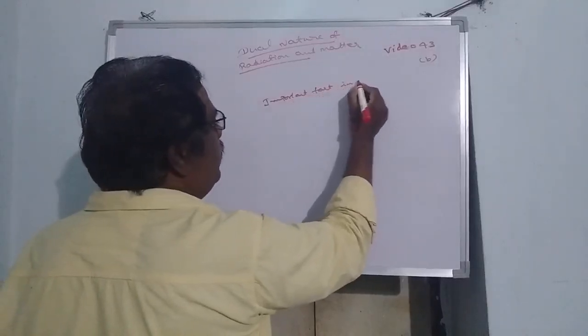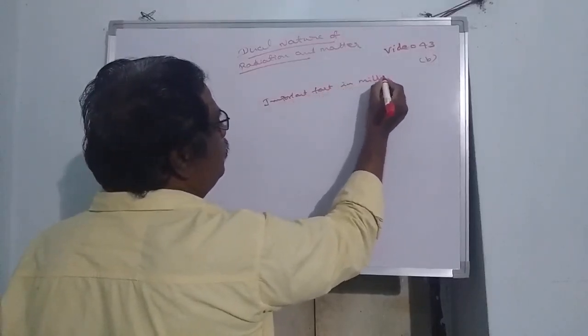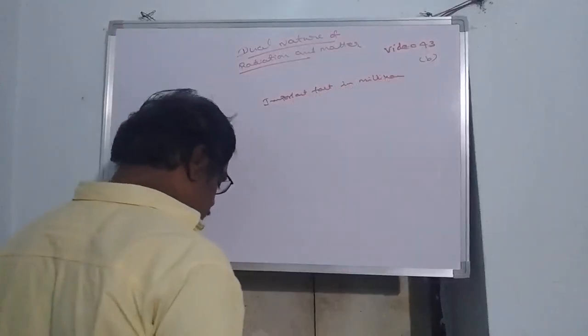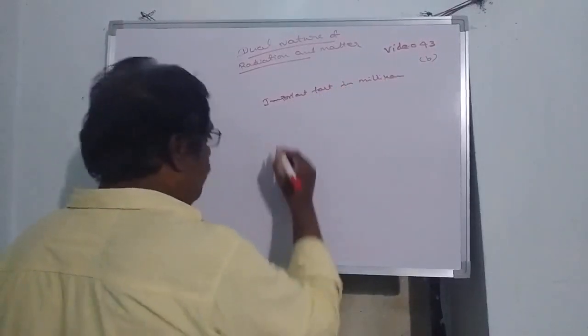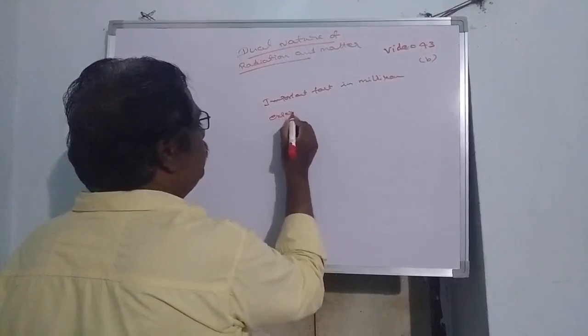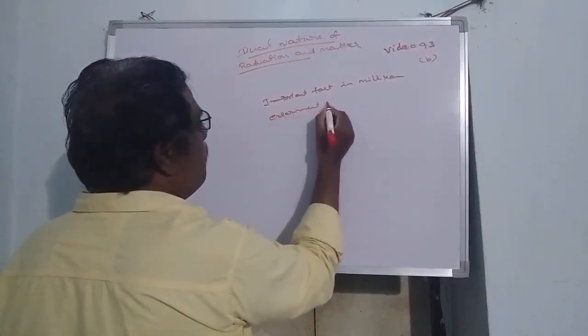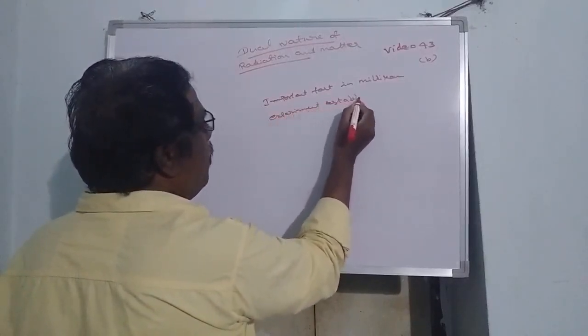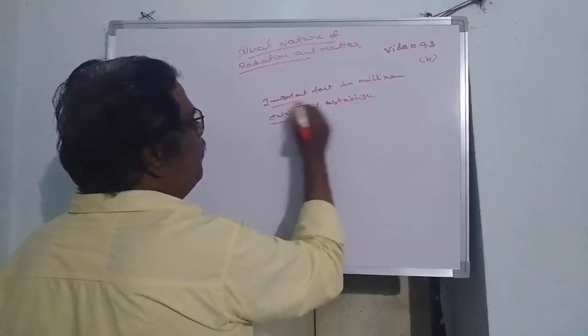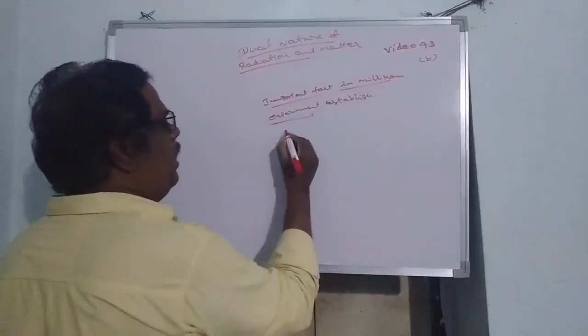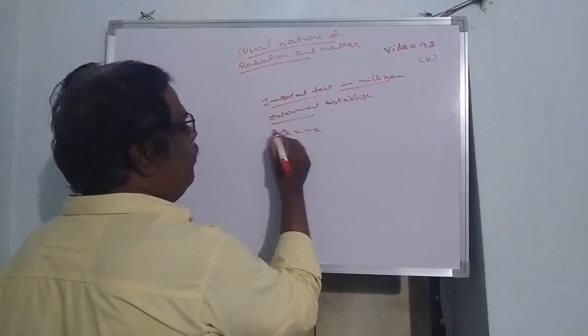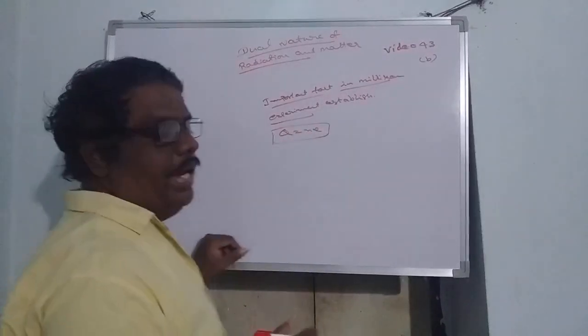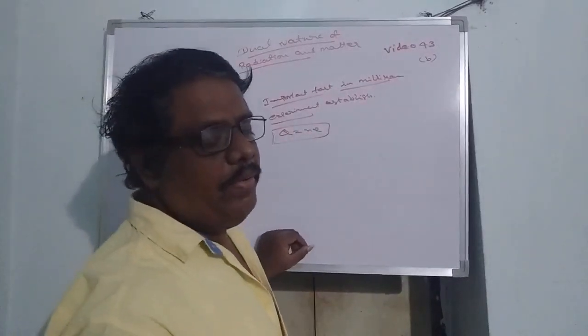Important fact established in the Millikan experiment. This is also for 2 marks. What is the main formula here? Q is equal to Ne, where N is the number of electrons and e is the charge of an electron.